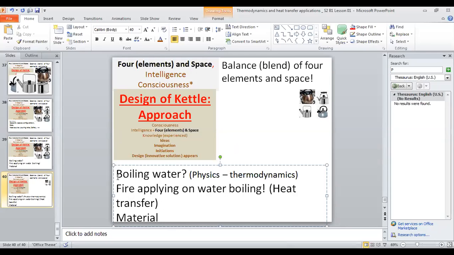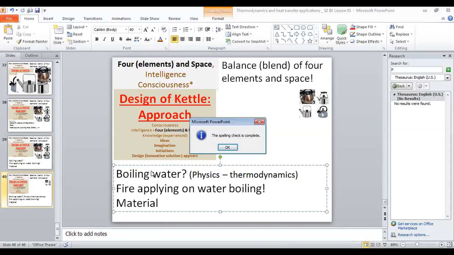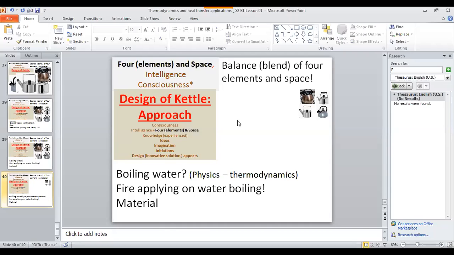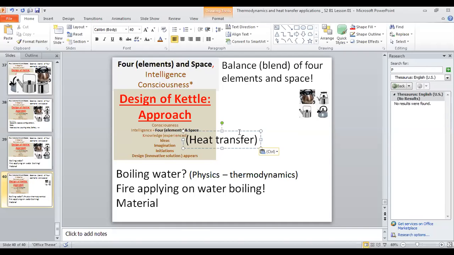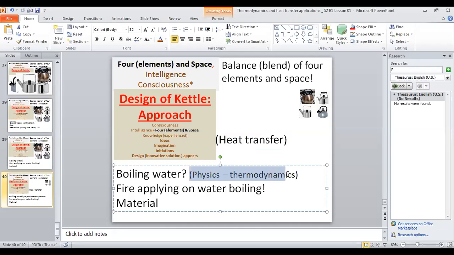So these are the things you should know. You have to know heat transfer, and also you should know thermodynamics.